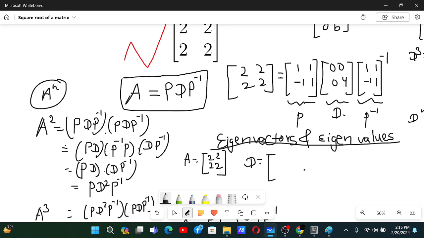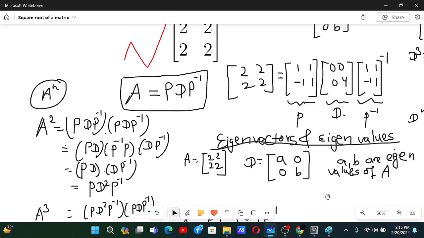For any matrix A, if D is A, 0, 0, B, then A and B are just the eigenvalues of matrix A. I will tell you how to find the eigenvalues later on. Since you will be able to find eigenvalues, the diagonal matrix will just be the eigenvalues in the main diagonal and all other elements 0. So A and B are eigenvalues of matrix A. That's how you find the diagonal matrix.